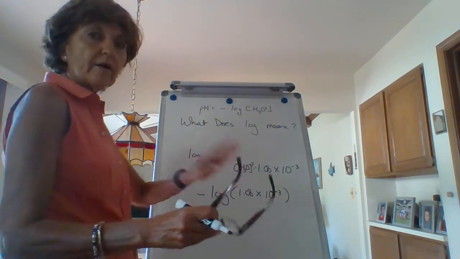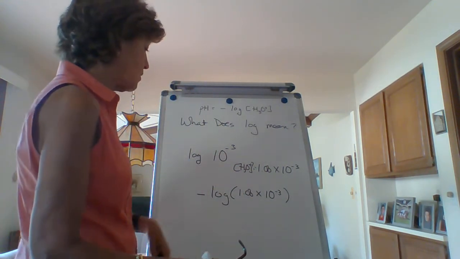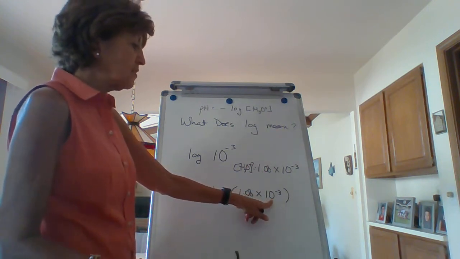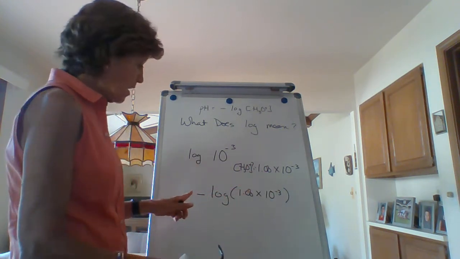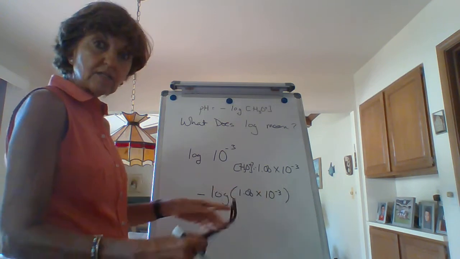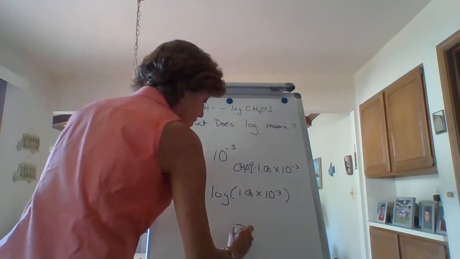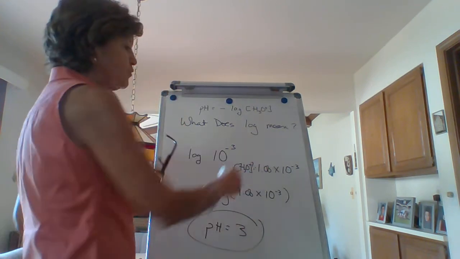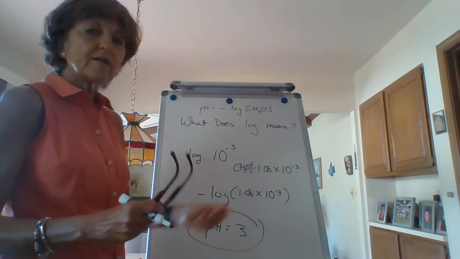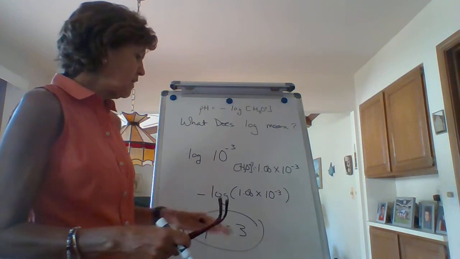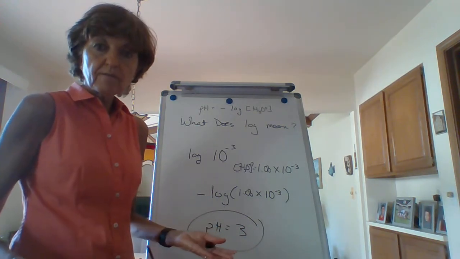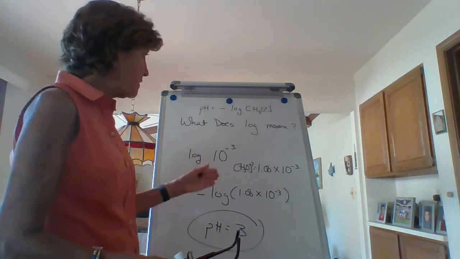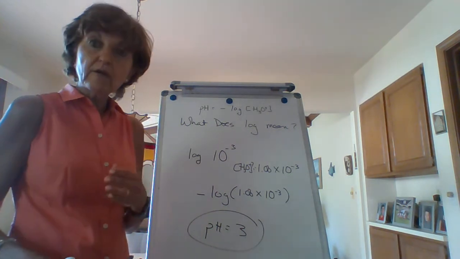Ignore the 1, don't do anything with it, it's 0. The log of 10 to the minus 3 is minus 3, but minus minus 3 is 3. So if you have a solution that has a hydronium ion concentration of 1 times 10 to the minus 3, its pH is 3. Okay? Minus the log of the hydronium ion concentration.